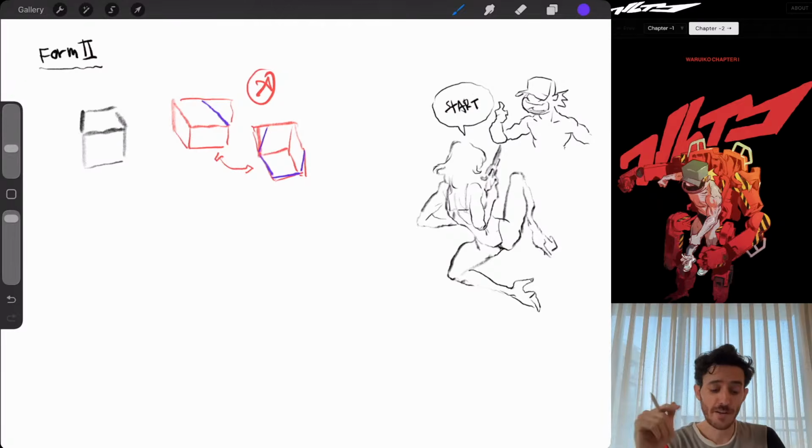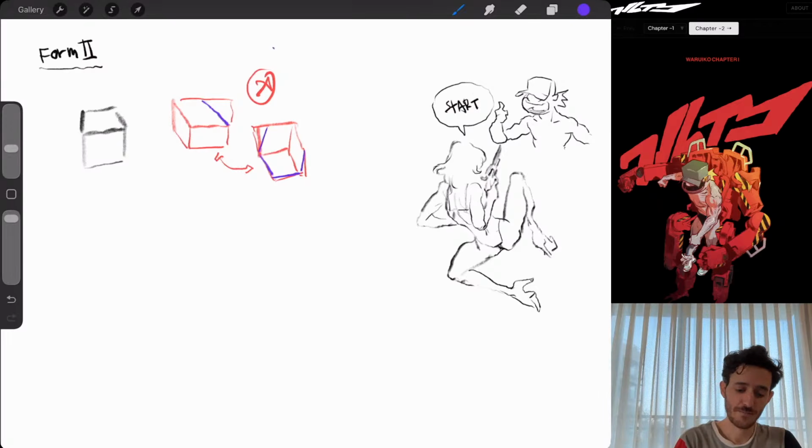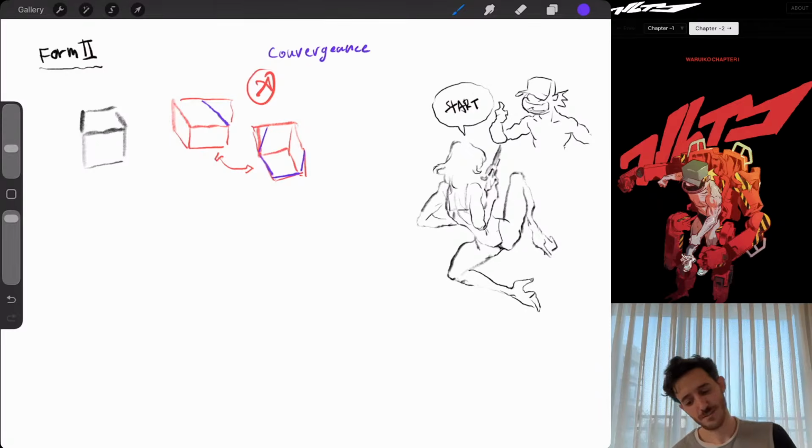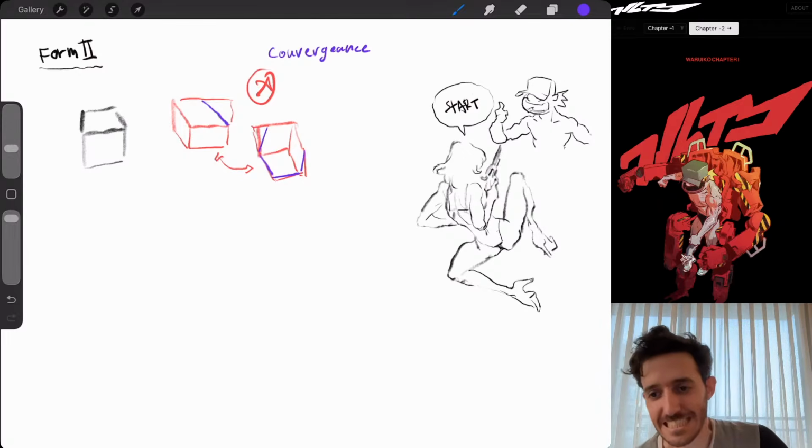But before you get to being very intuitive with it, it might help. Well, you do need to know the notion of convergence, right? Convergence, is that correct, the spelling? Yeah.